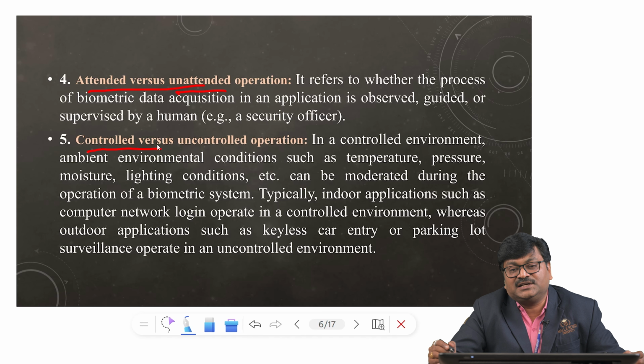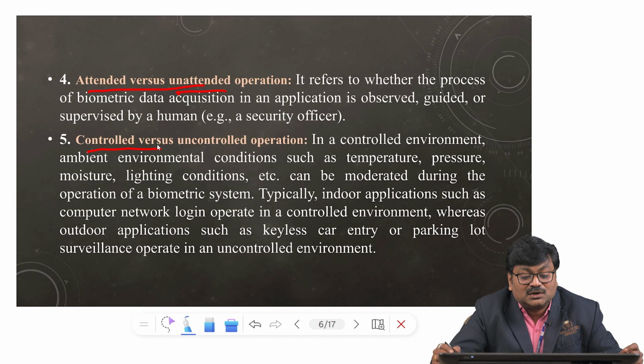And the next nature of application is related to controlled versus uncontrolled. So here, controlled and uncontrolled, because the biometric system which we are providing may be present interior or else exterior. Wherever we are keeping it, it is going to encounter certain parameters related to environmental conditions, and because of those environmental conditions, there could be some changes in the processing or in considering the parameters.